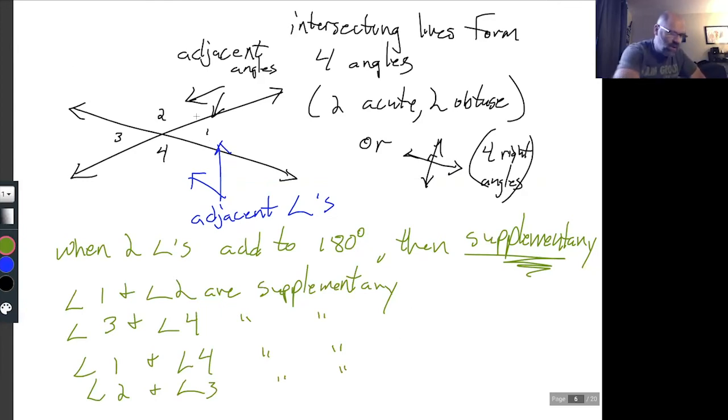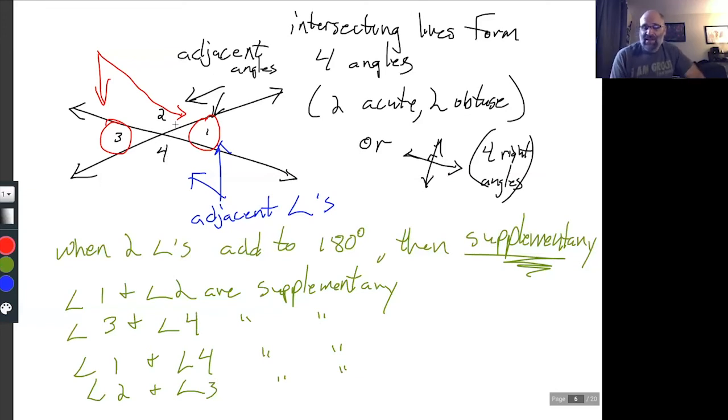Okay, well, what do you know about angles 1 and 2 or 1 and 3? What can you tell me about angles 1 and 3? What can you say? What do they look like? Well, I circled them, but look, 1 and 3, they look like the same angle, don't they?